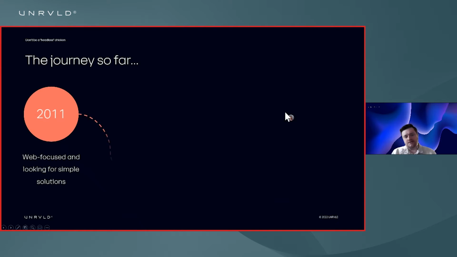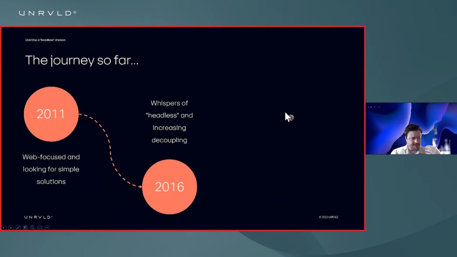As you fast forward into 2016, that's now quite a common piece of software within the broader architecture. There are some movements towards decoupling starting to happen, so basically separating out that front end to become more responsive, dealing with the increased usage in mobile.